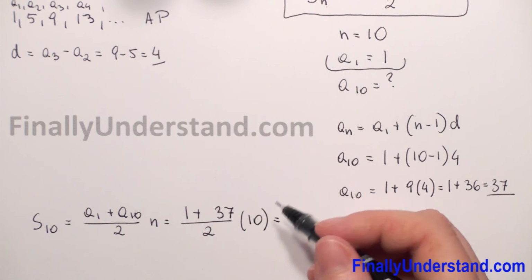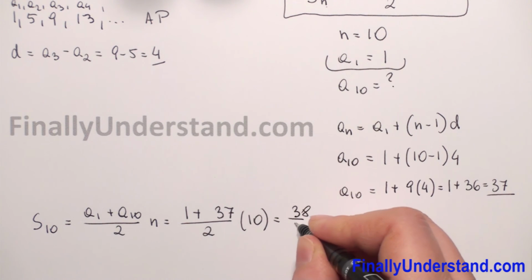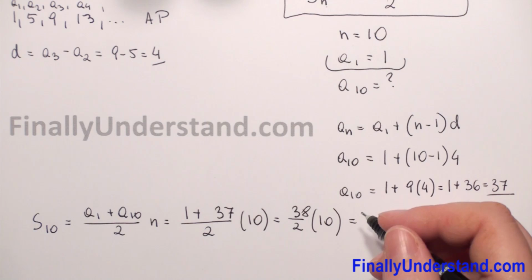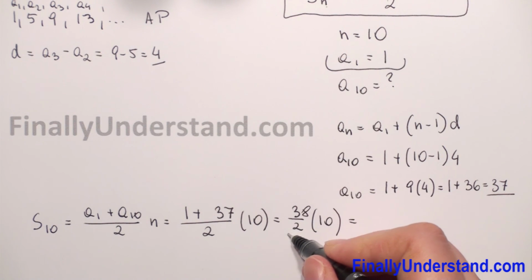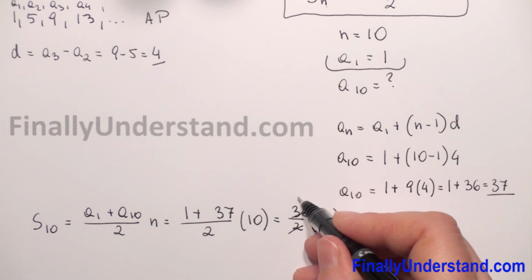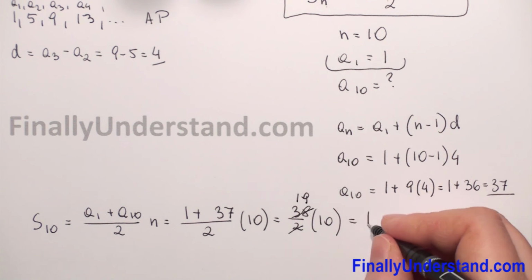So this is equal to 1 plus 37 is 38, over 2 times 10. We can reduce 2 with 38, it will be 19. 19 times 10 is 190.